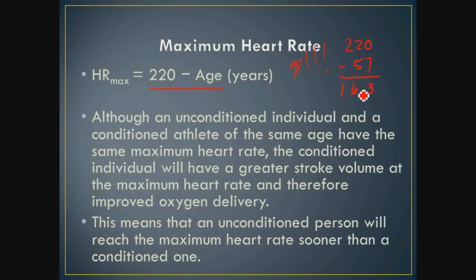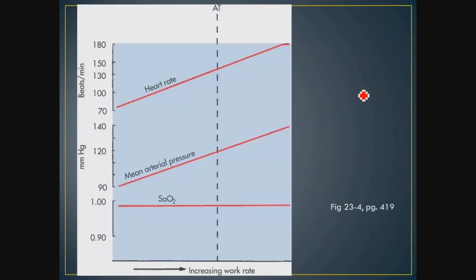And has anybody ever had a stress test done, a cardiac stress test? You know what that's like, where they calculate your maximum heart rate. So linearly, the heart rate should go up with exercise. As I said, systolic blood pressure goes up, diastolic does not, but the mean still goes up. And oxygen saturation doesn't end up changing under normal conditions.